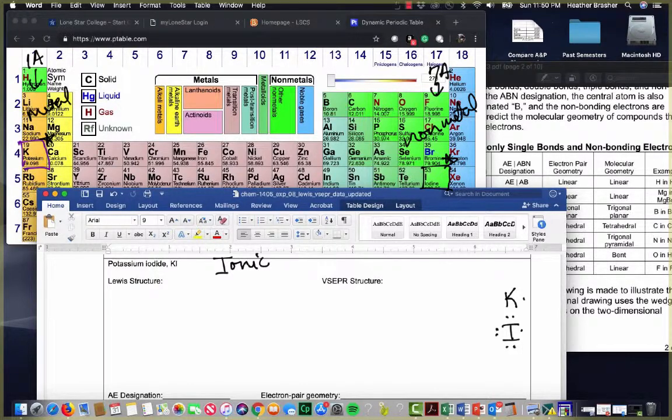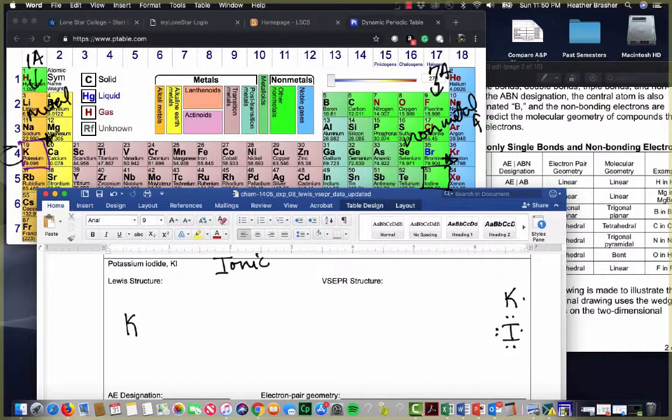Now, if we know anything about potassium iodine, we know that essentially when we are looking at this, the potassium is going to get rid of its electron to essentially become more stable in its form of noble gas.